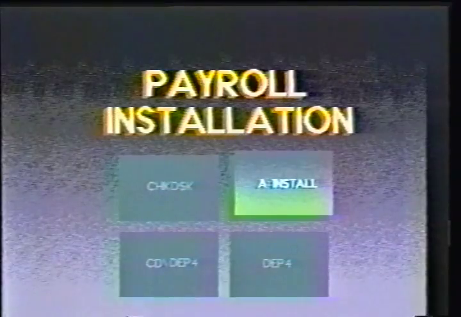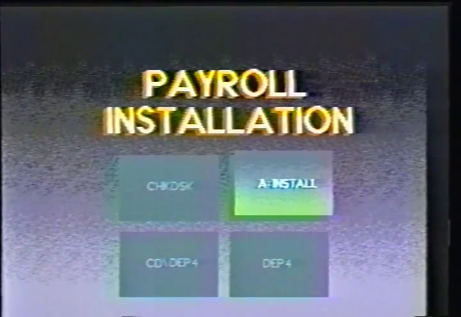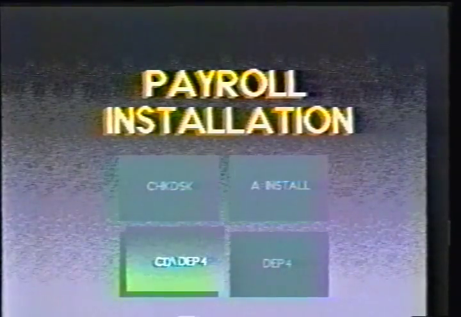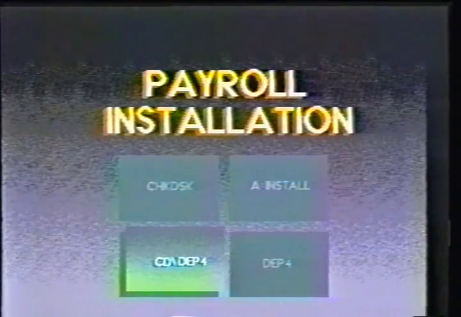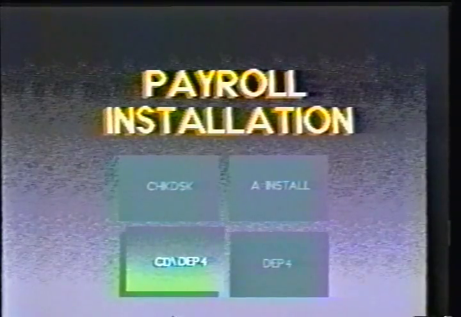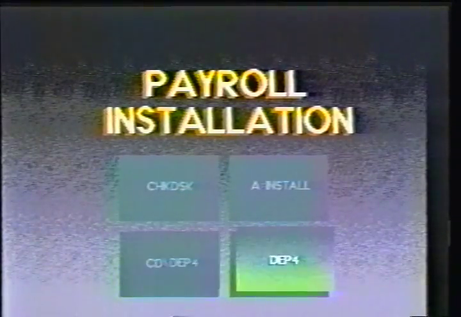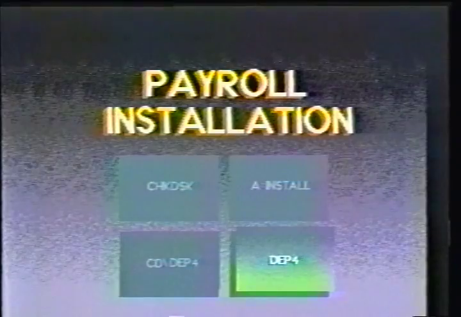The install program will ask for the disk drive and subdirectory where the program will be copied. The final step in installation is the command to run the DacEasy Payroll 4.0 program. First, change to the proper subdirectory using the DOS command cd\dep4, and then run the program by entering dep4.